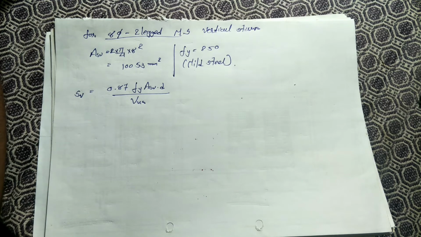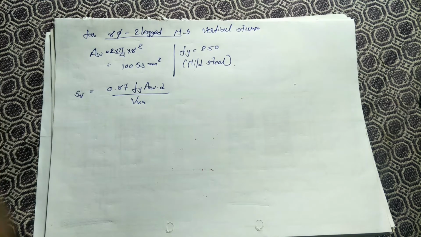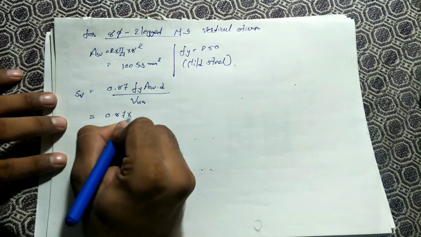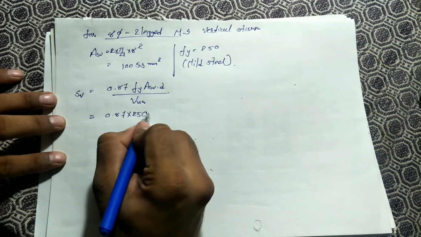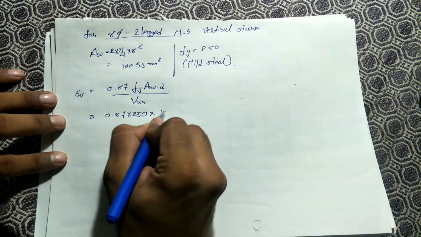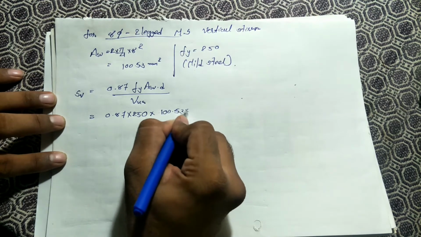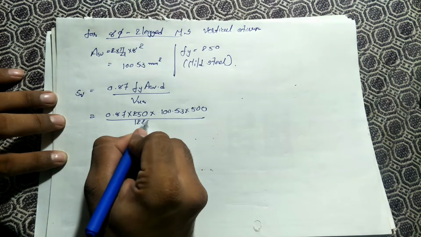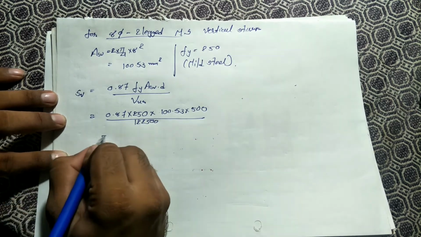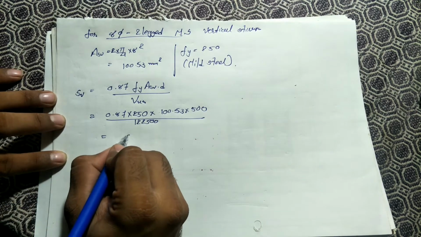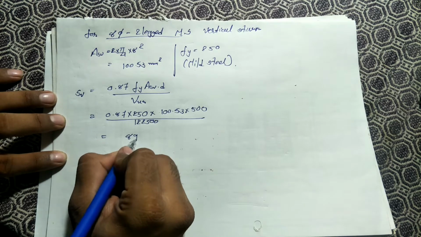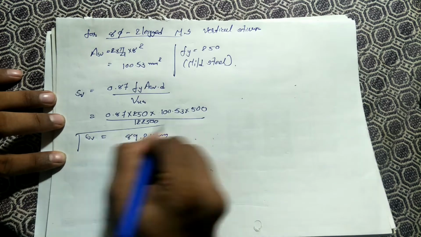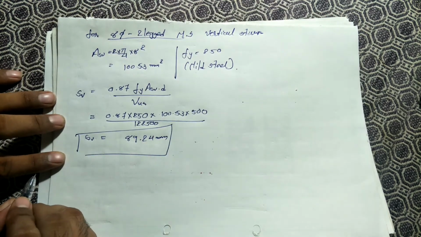So 0.87 into fy is 250 multiplied by 100.53, D is 500, and VUS is equal to 122,500. So we are getting the spacing for the 8 mm dia 2-legged stirrups, that is 89.24 mm. This is our final answer.